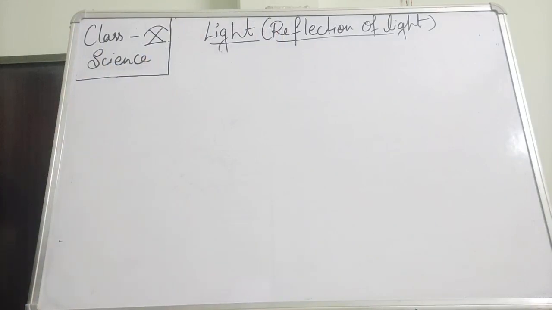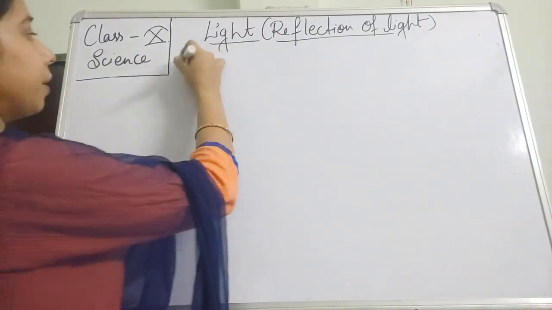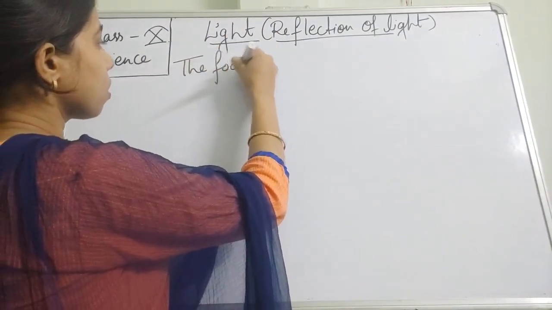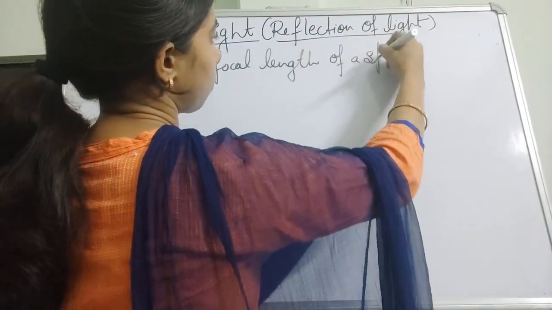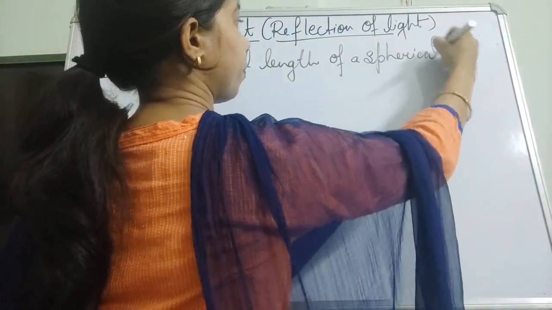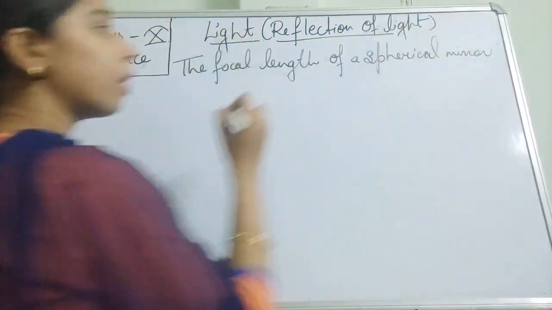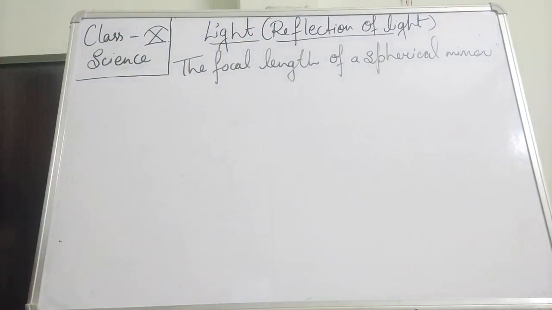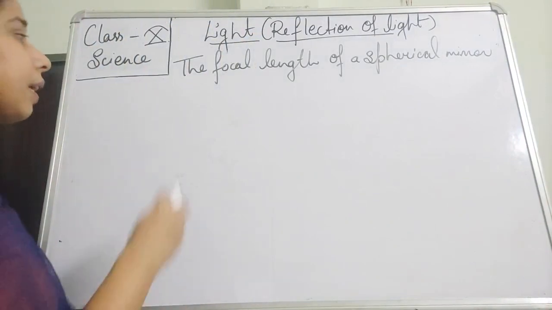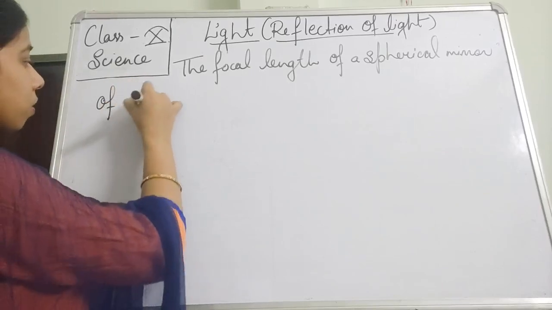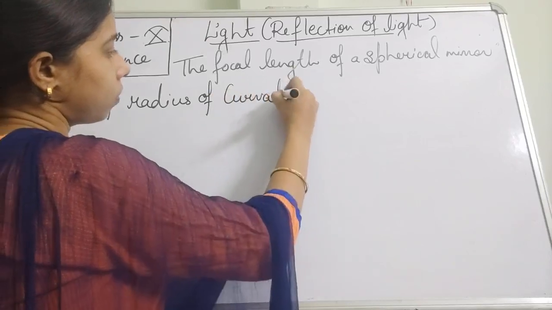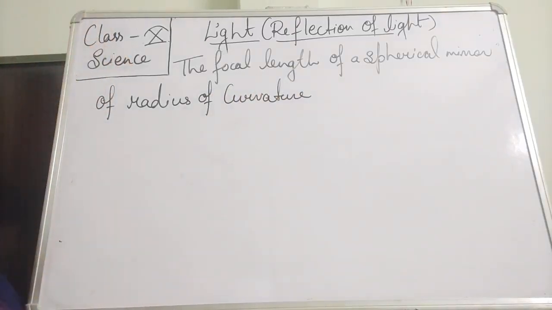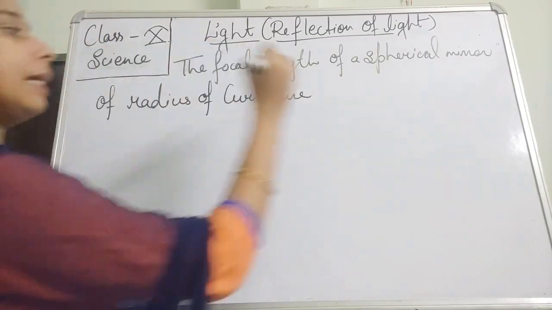The question is: find the focal length of a spherical mirror of radius of curvature 30 centimeter.